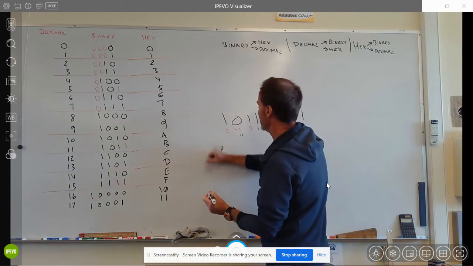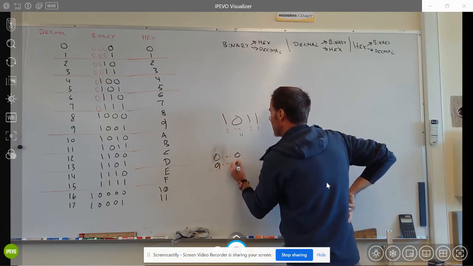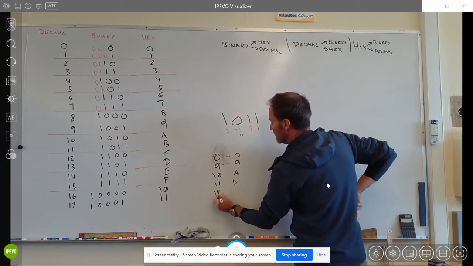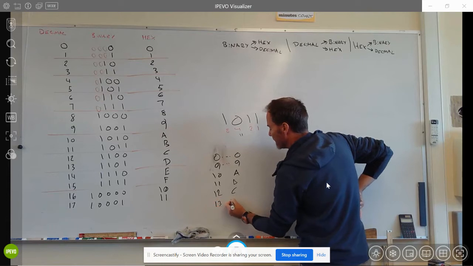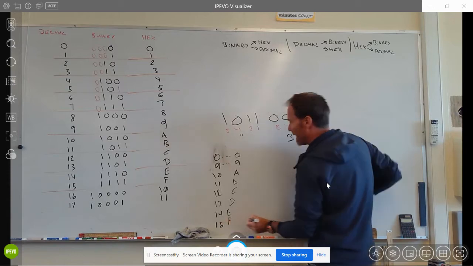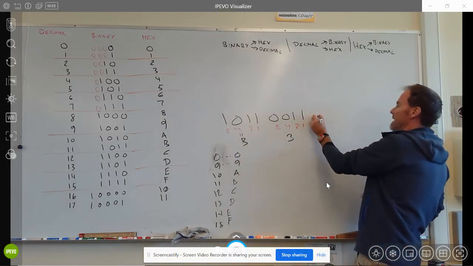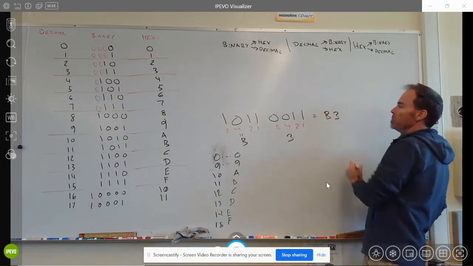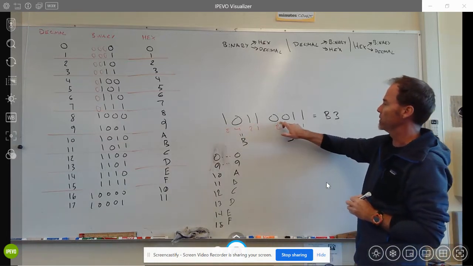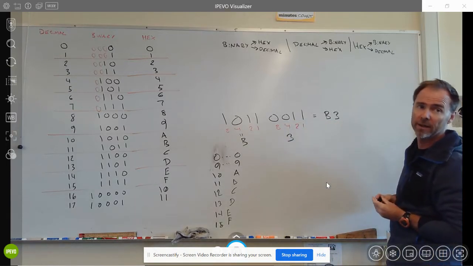I'm going to write a little bit bigger, as you can see. 10 is A, 11 is B, 12 is C, 13 D, 14 E, and 15 is F. So 11 would be B. So this is the same as B3 in hex. 1011 is B, 0011 is 3. So in hexadecimal, that would be B3.